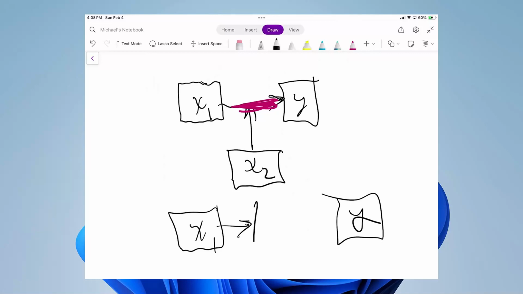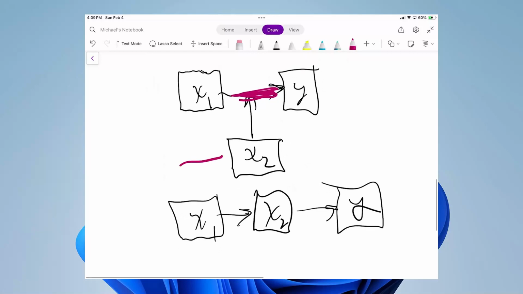I think there might be an in-between here, so that x1 is influencing x2, which helps explain why x1 influences y, because x2 influences y and x1 influences x2. That's a mediator. So this is a moderator, and this is a mediator.